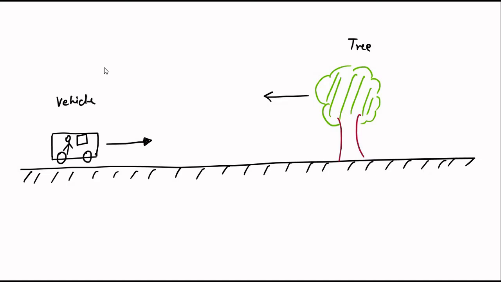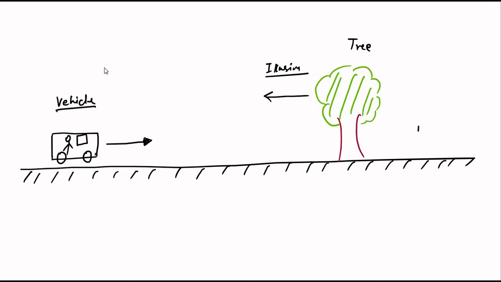This is the illusion that is created. So if the person sitting inside the vehicle just focuses on that particular moment, imagining the vehicle to be stationary, it appears as if the tree is moving towards the vehicle, but in reality it is the vehicle which is moving towards the tree.